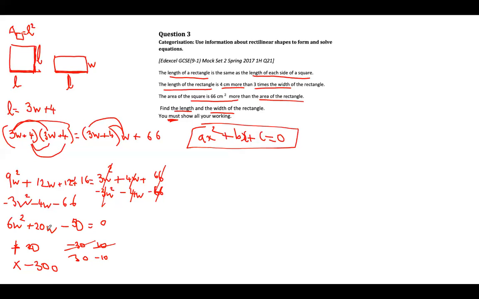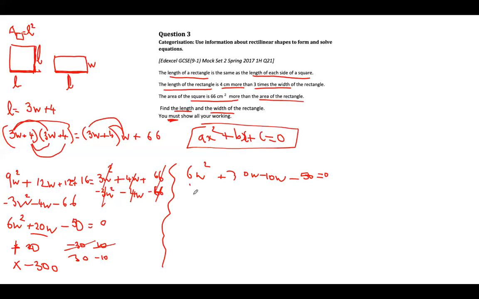So it's 30 and minus 10. So I'm going to split the middle term here. I'm going to have 6w to the power of 2, plus 20w, instead of writing plus 20w, I'm going to write plus 30w minus 10w minus 50 equals 0.